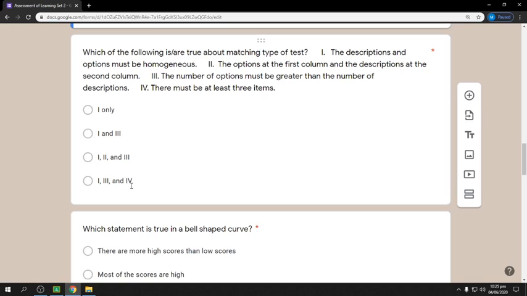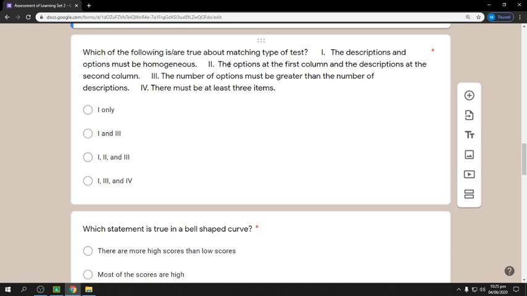I'm not quite sure about 4 here, so let's try to determine if 2 is an option. 2: the options at the first column and the descriptions at the second column. Well, in this case, I do know that this is incorrect. Why? Because we could swap it.